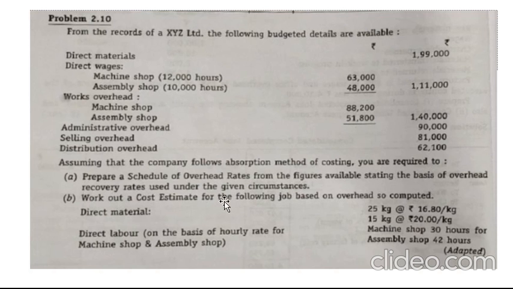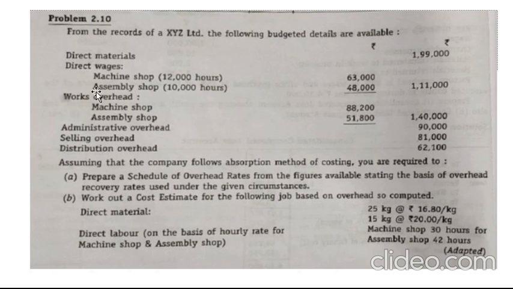Work out a cost estimate for the following job based on overhead so computed. Direct materials 25 kg at rupees 16.80 per kg, then 15 kg at rupees 20.50 per kg. Direct labor on the basis of hourly rate for machine shop 30 hours, for assembly shop 42 hours.